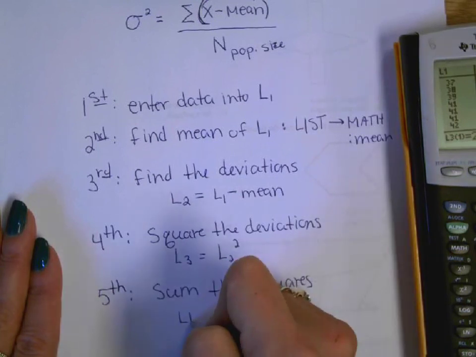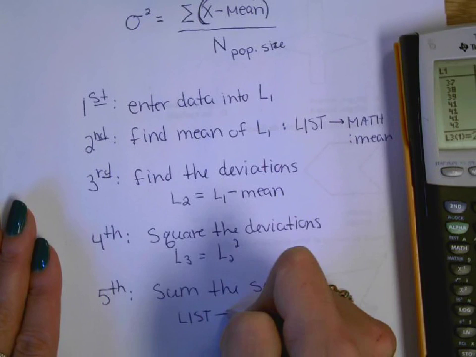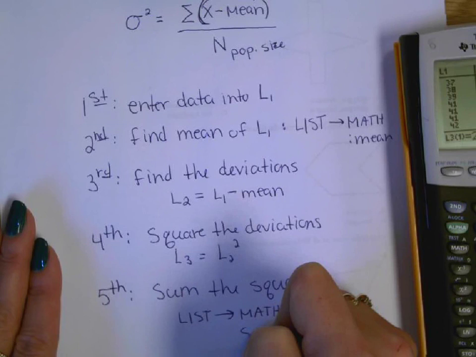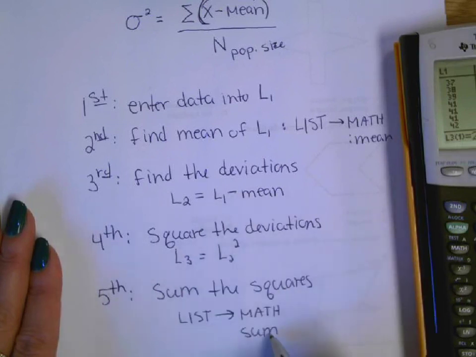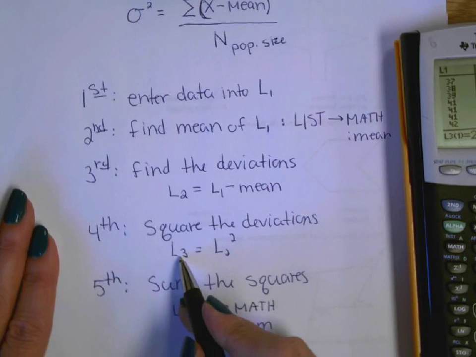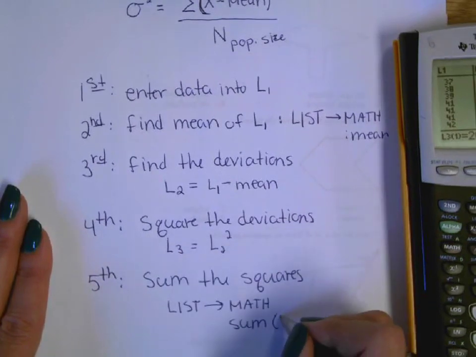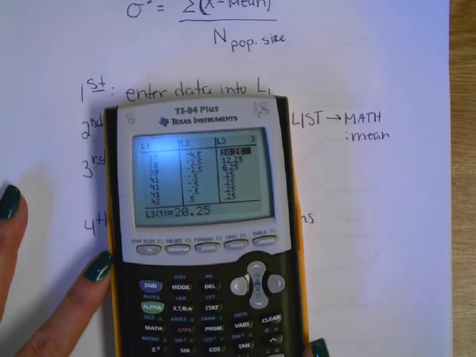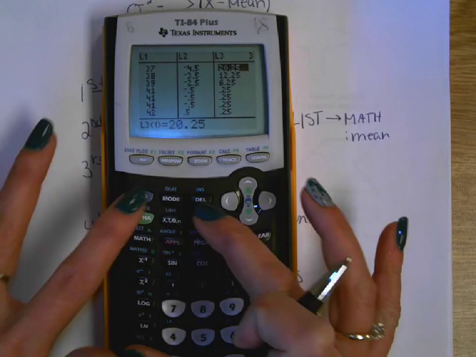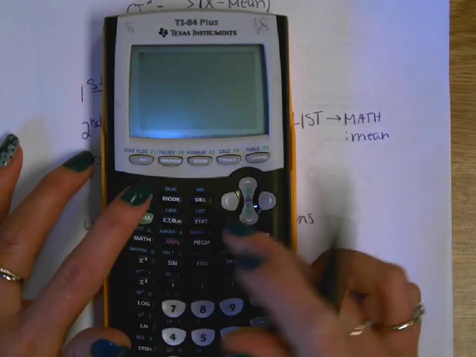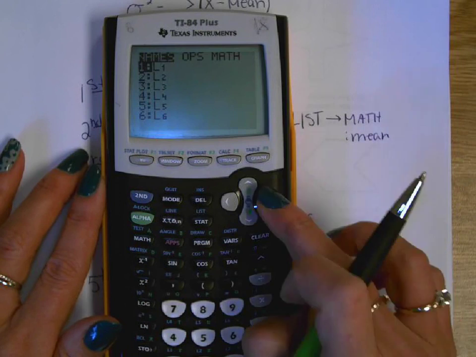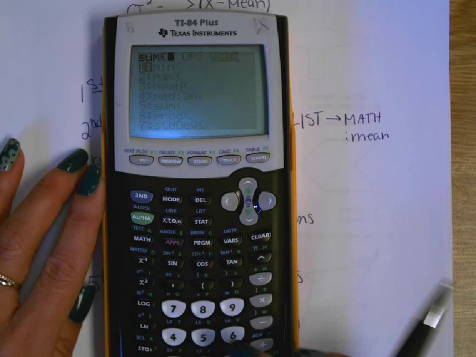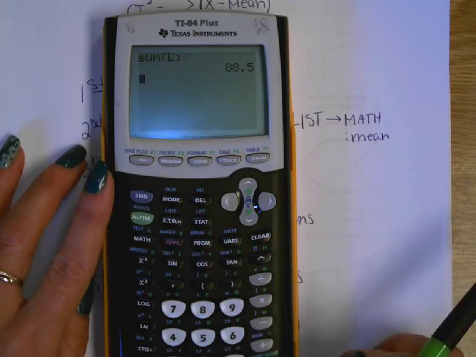So we're going to go under list, go over to math, look for sum, and the numbers I want to sum up are sitting in L3. So I'll do that. I'm going to quit, go to list, over to math, sum is number 5, give me the sum of list 3, got it.